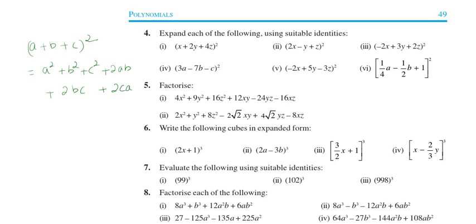There will be 6 terms, 1 2 3 4 5 6, because we have 3 terms and it's a square. So this identity we can open, or expand, using this.